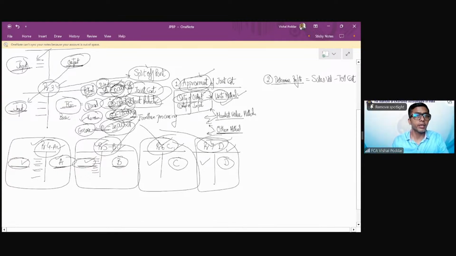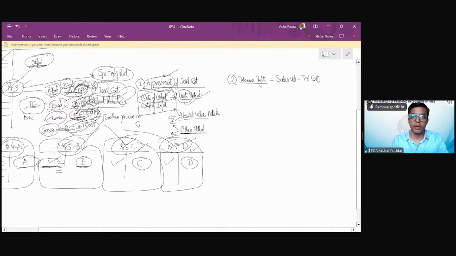The only other thing I need is the sales value, which would be given in the question. In fact, sales value is one of our methods also. So when you deduct the two, you will get the profit that each product A, B, C, D is earning.